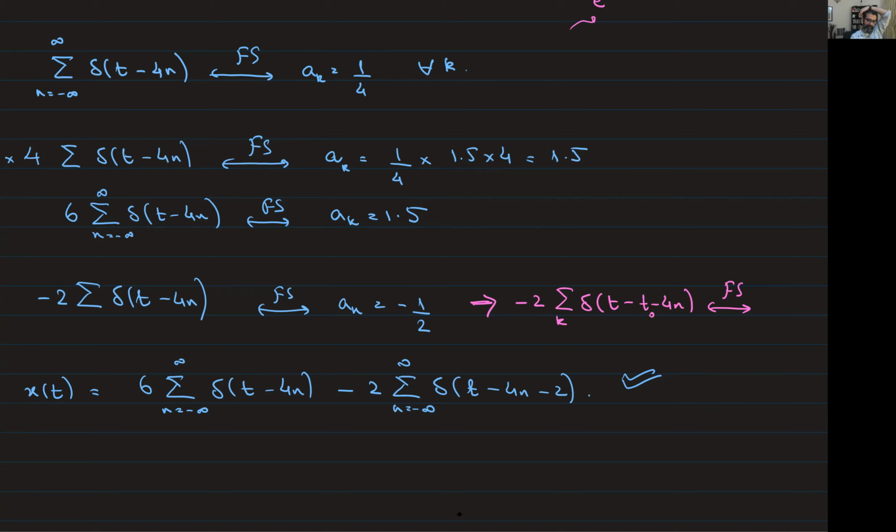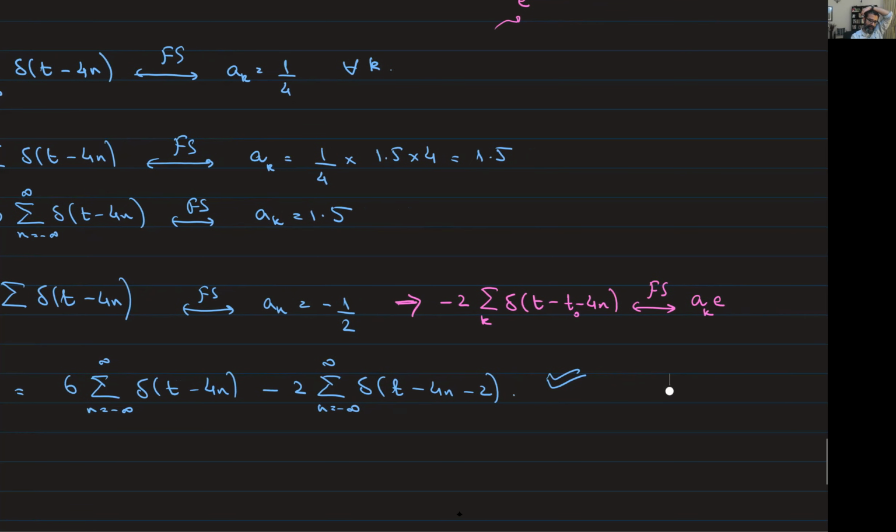So then this is just equal to a_k times e raised to power minus j k omega naught t naught. That's a property, right? If t naught was 2 and omega naught was pi by 2, so this would be pi by 2 times 2. So that's the property that I've used.